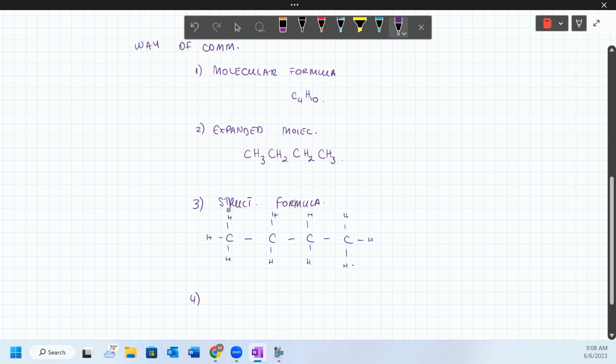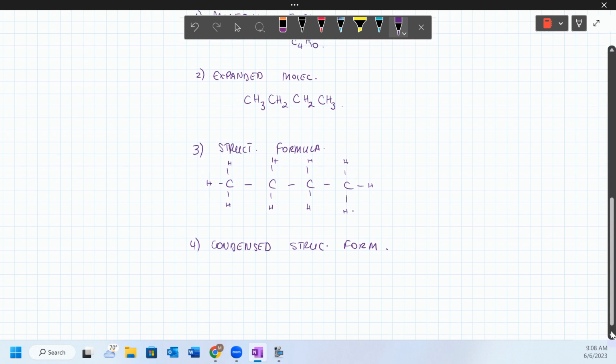The fourth way is known as the condensed structural formula. In the condensed structural formula, we are just showing the connection between the carbons, and the hydrogen is just shown as a number.